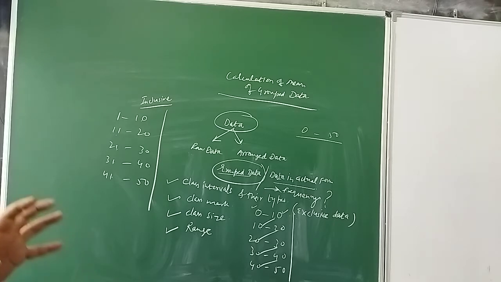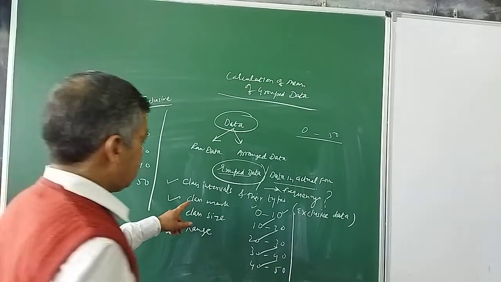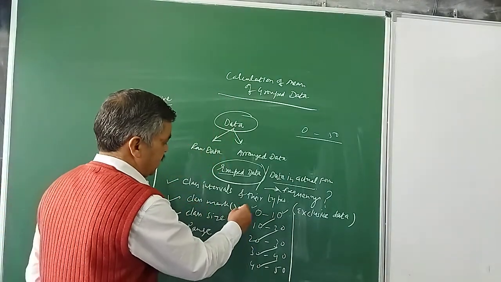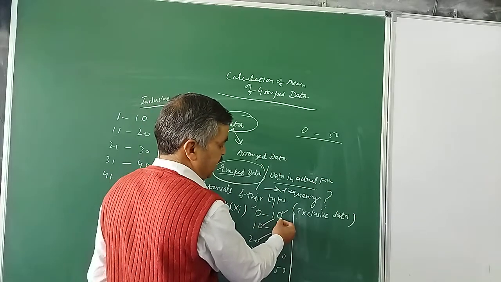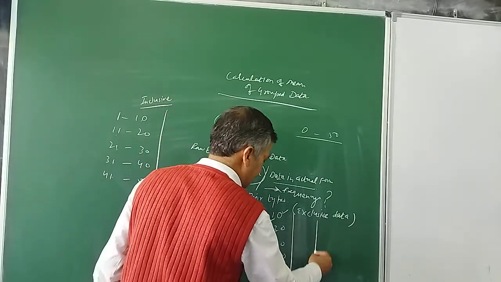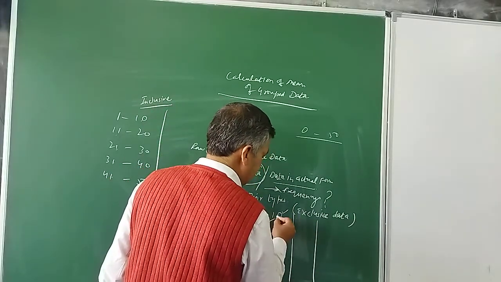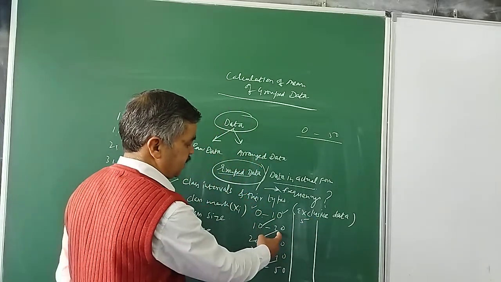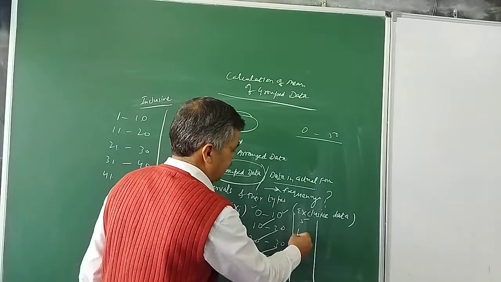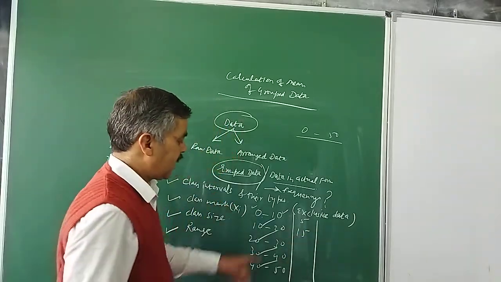Now let us go to the class mark. Class mark is always denoted by xi. That is the mean of the upper limit and lower limit. So the class mark for this: 0 plus 10 is 10, divided by 2 is 5. Then 10 plus 20 is 30, divided by 2 is 15. And so on.